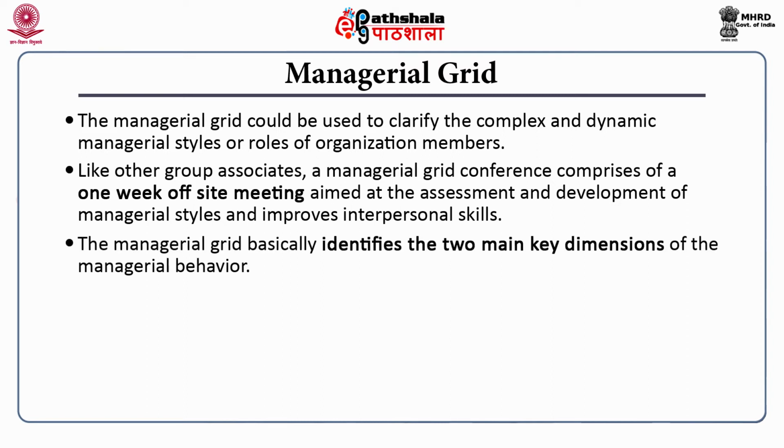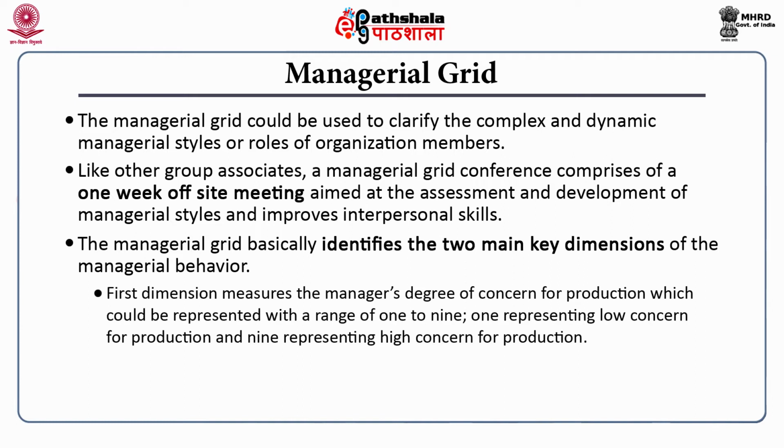The managerial grid basically identifies two key dimensions of managerial behavior. The first dimension measures the manager's degree of concern for production, which can be represented with a range of 1 to 9, 1 representing low concern for production and 9 representing high concern for production.